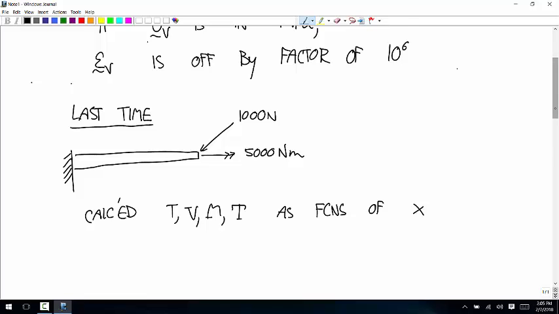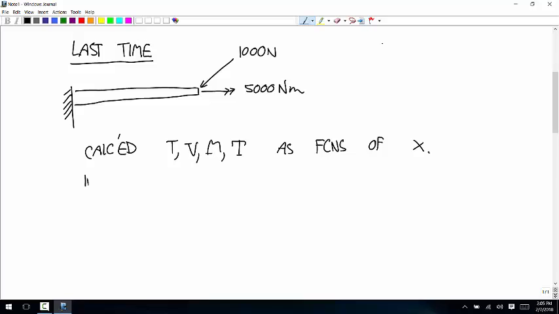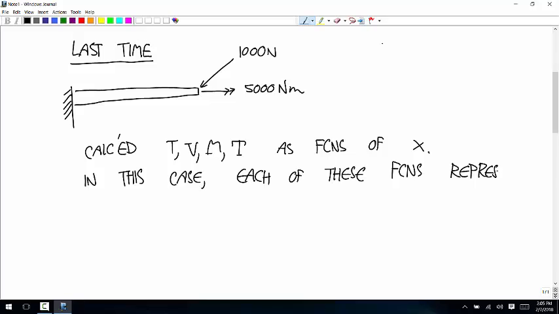But in this case, each of these functions represented the whole beam. But in general, you're going to calculate subfunctions for different parts of the beam, and then your final answers are going to be piecewise functions.